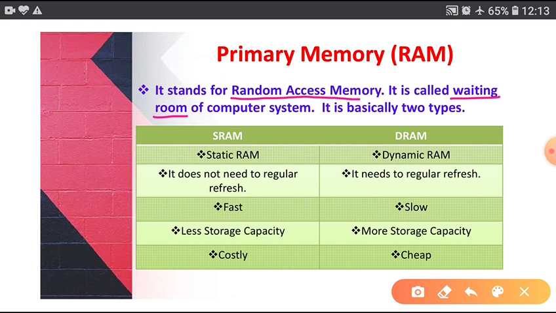So this is called the waiting room of the computer system. It is basically two types: SRAM, static RAM, and DRAM, dynamic RAM.